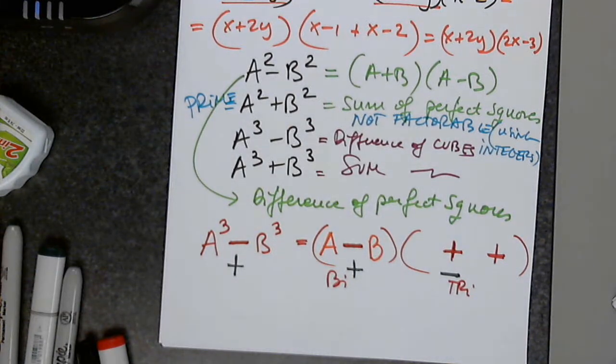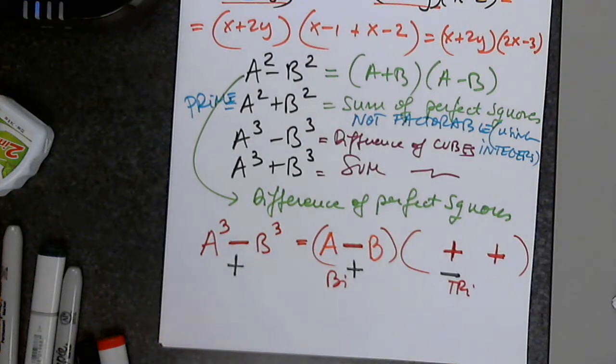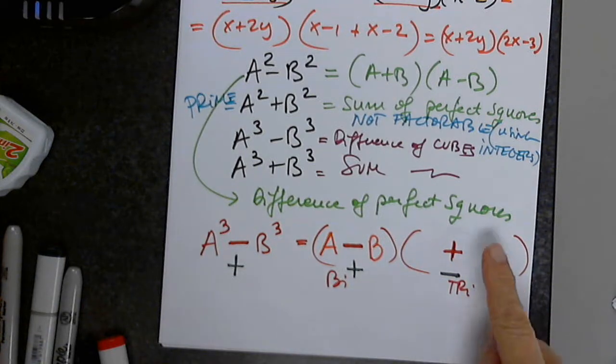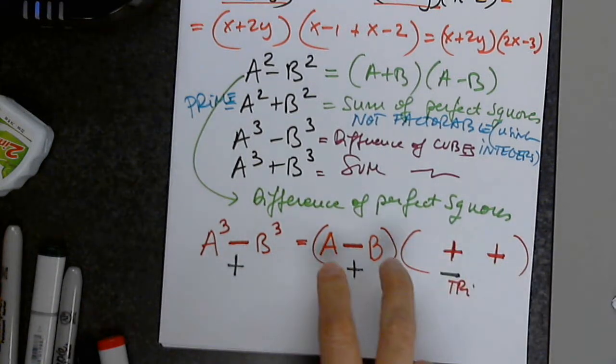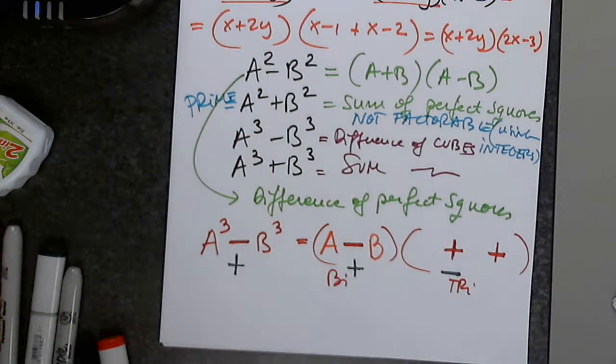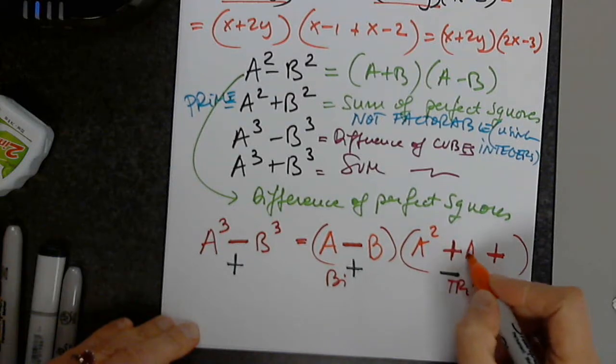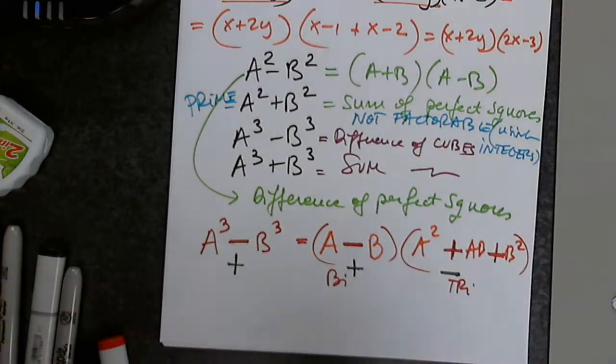It's not the same formula, and it does not have 2 in the middle, like the one that I tortured you with for 2 months and a half. But the idea is the same. I square this and put it here. I square this and put it here. But this middle one is just the product without the 2, which is a trinomial, which is a different story. So I have a squared, ab, and b squared.